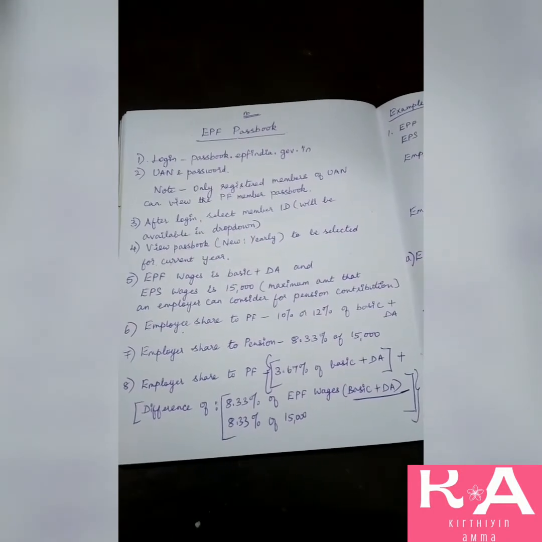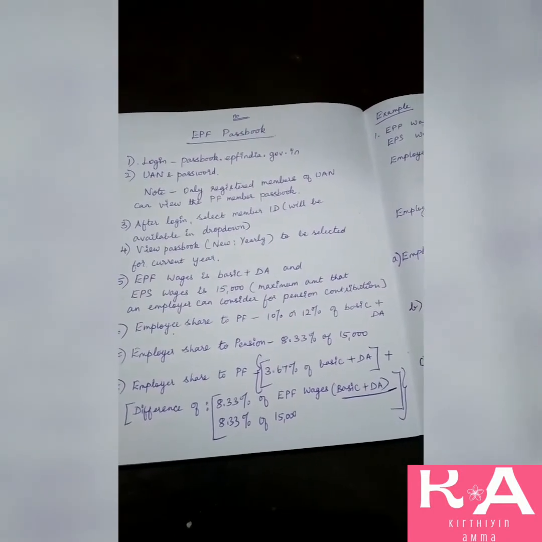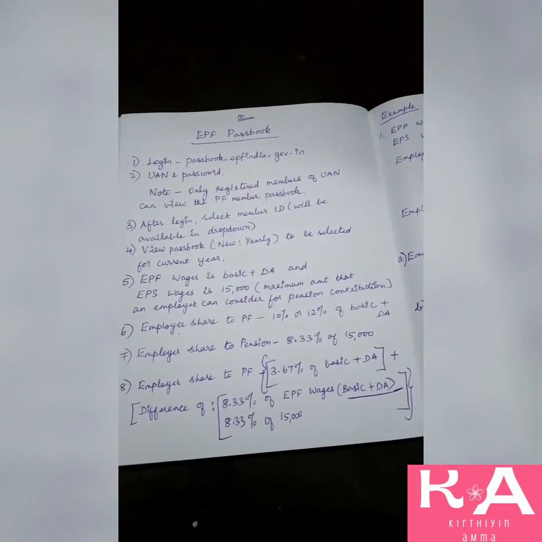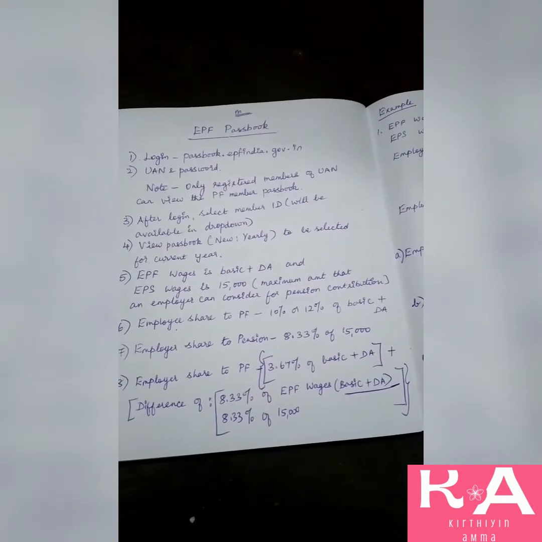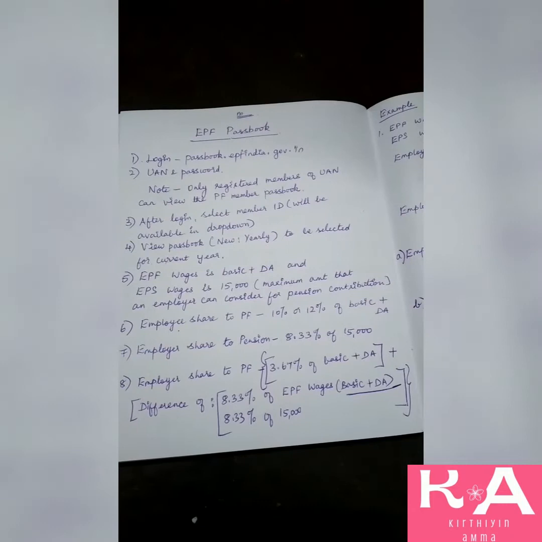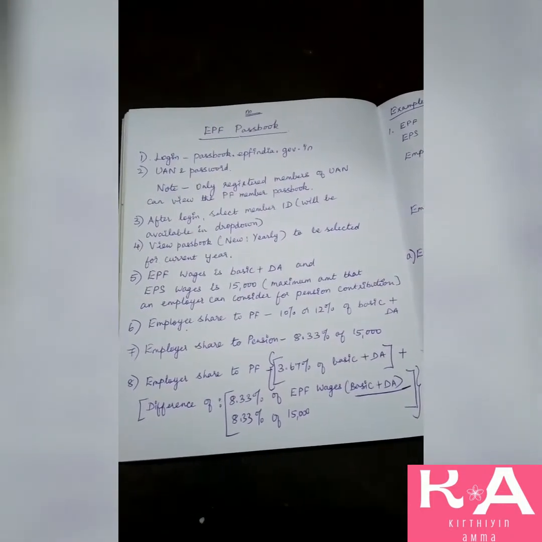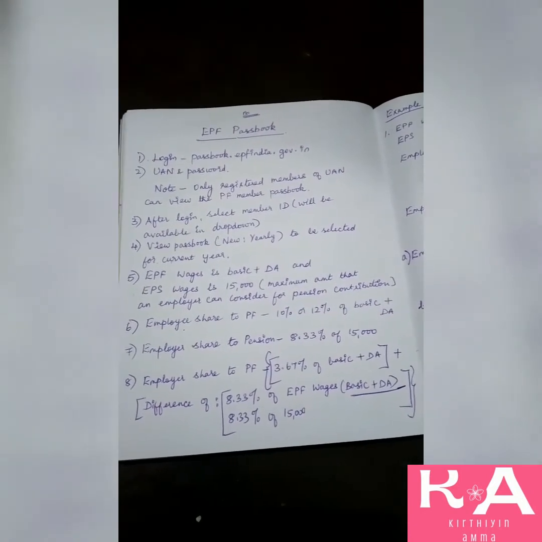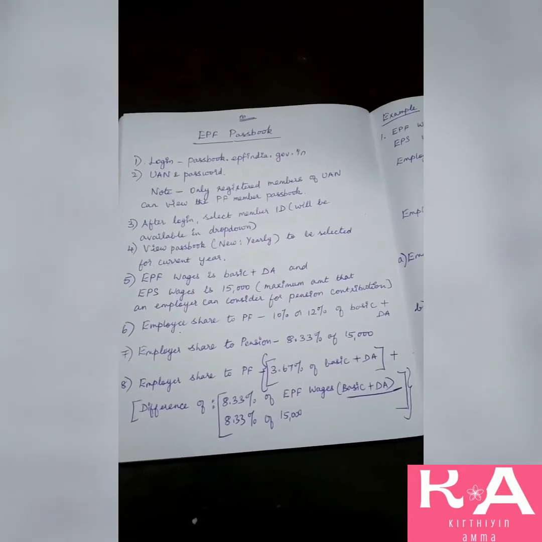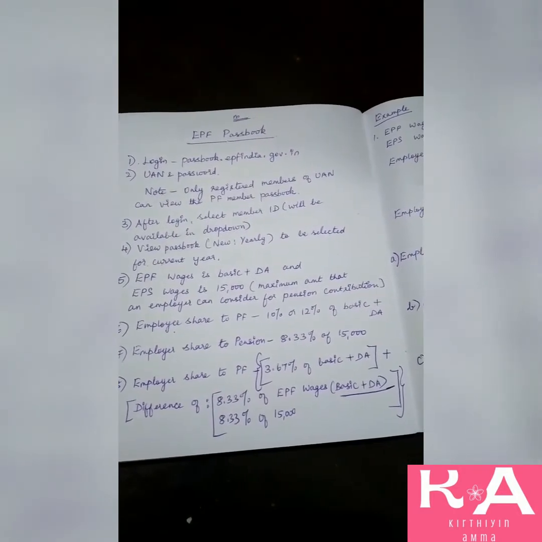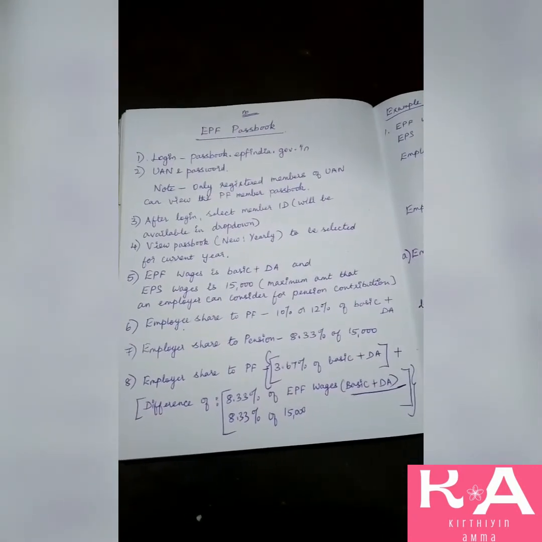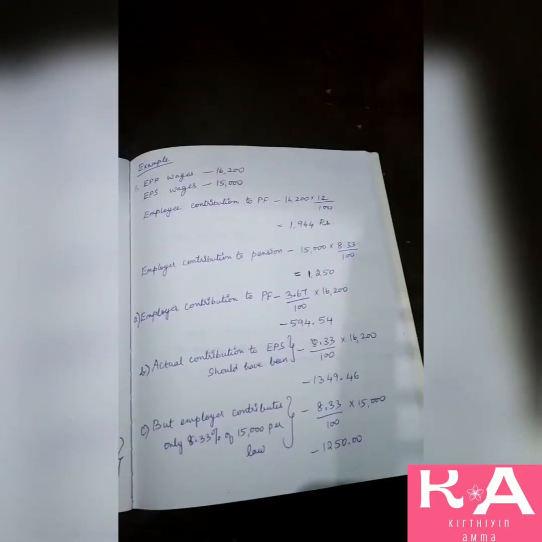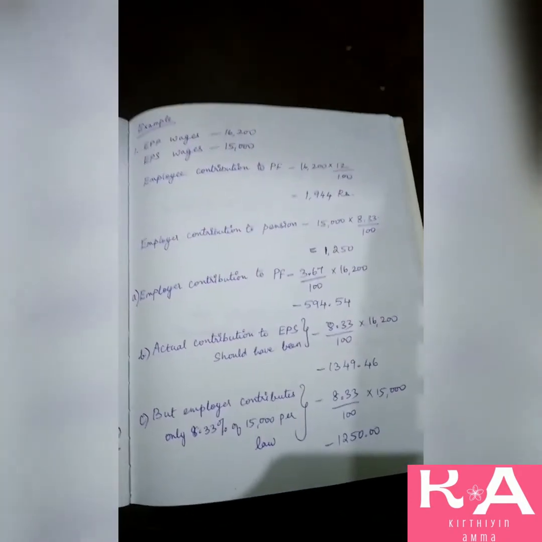So the employee's share to PF is 12% of basic plus DA, and the employer's share to pension is 8.33% of the standard amount, which is 15,000, and the employer's share to PF is 3.67% of basic plus DA plus the difference of 8.33% of EPF wages, which is basic plus DA, and 8.33% of 15,000.